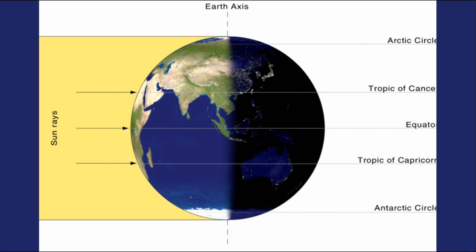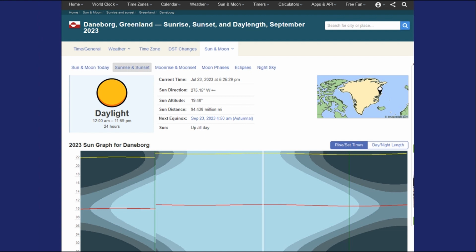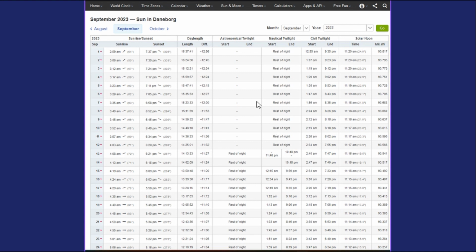Let's go to a couple of cities on different latitudes. If we start at Danburg, Greenland, which is within the Arctic Circle, so it's far north from my location in Washington, D.C., on the 23rd of September 2023, the sun rises 87 degrees, close to due east, and sets 272 degrees, close to due west, and it has 12 hours 21 minutes of daylight during that day.